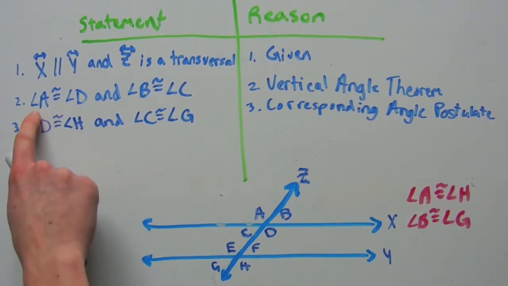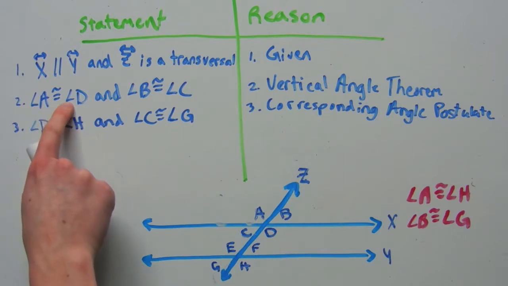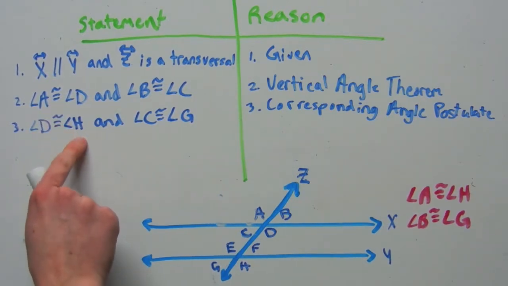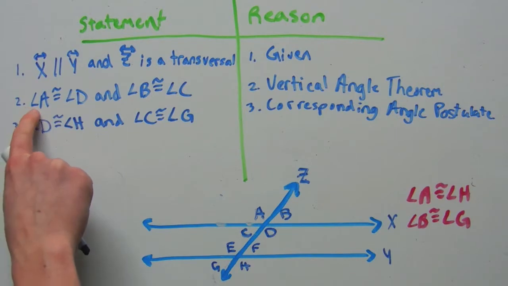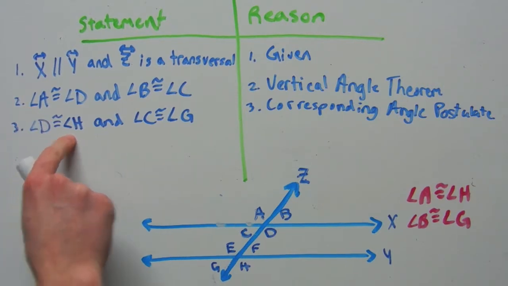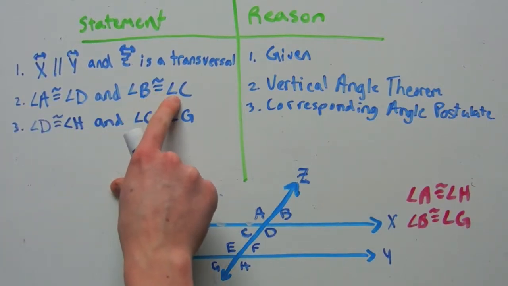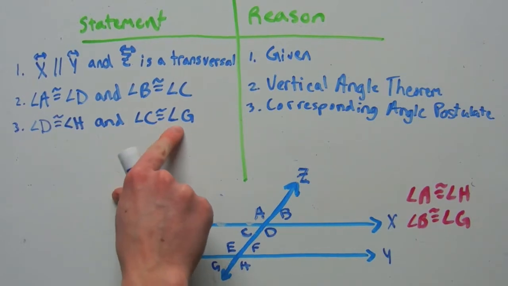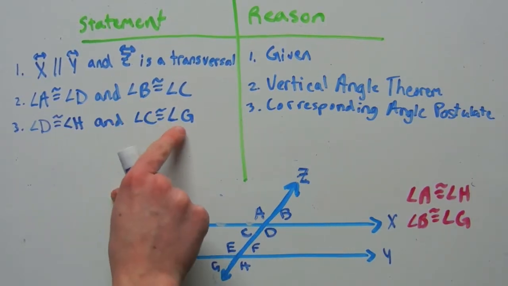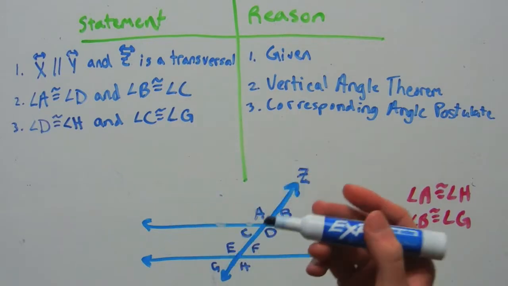Looking at this, we have angle A is congruent to D, angle D is congruent to angle H, so we can say angle A is congruent to angle H. Angle B is congruent to angle C, which is congruent to angle G, so angle B is congruent to angle G, and that's by the transitive property.